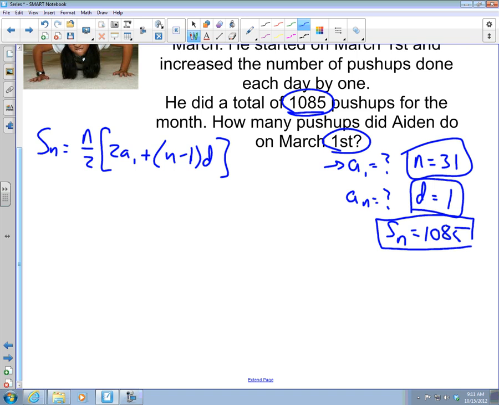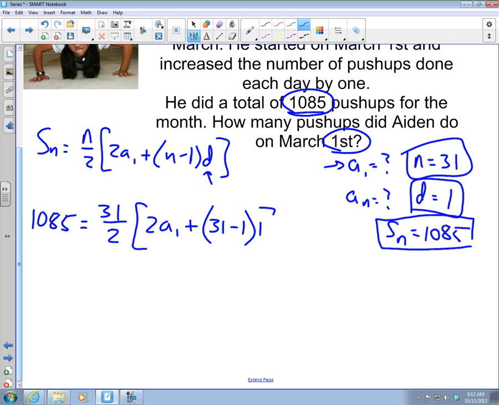So S sub n, the sum of all the push-ups, is 1,085. 31 days in the month, that's what n is. 2 times a sub 1 plus n, well, that's 31 minus 1 times the common difference, d, which is just 1. We're adding 1 push-up each time. So basically we're going to solve this equation for a sub 1, that first day of push-ups.